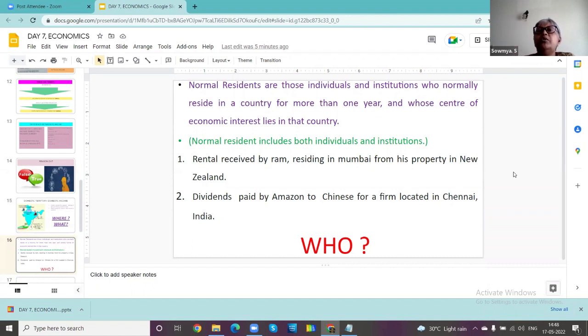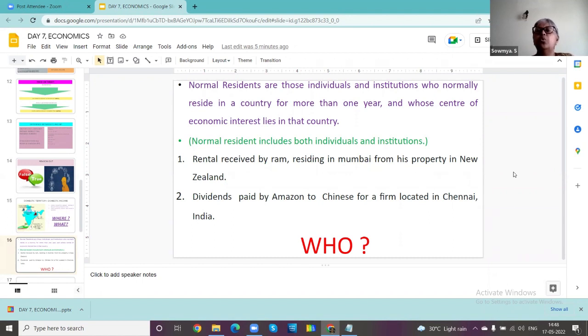They are only probably going to do the consumption. They're not being productive, in the sense they're not adding anything towards the GDP or per capita income. So that's why they are not considered to be normal residents. They're not considered to have all their economic interests in that particular country. So we should tell them that.